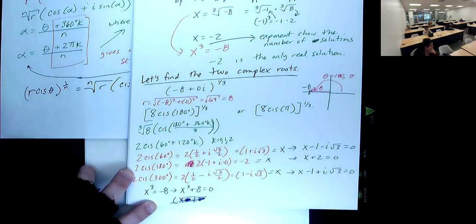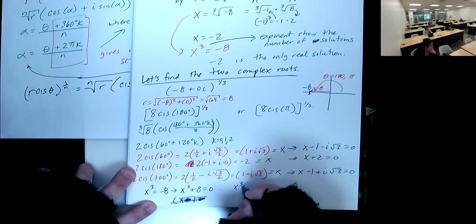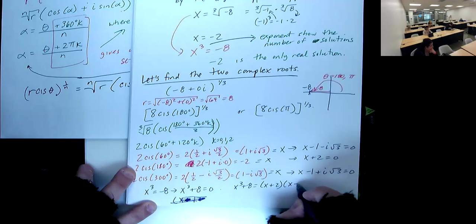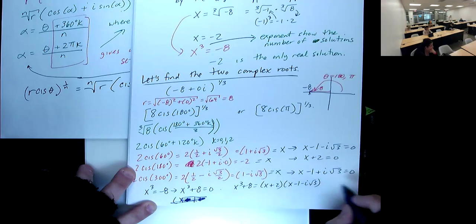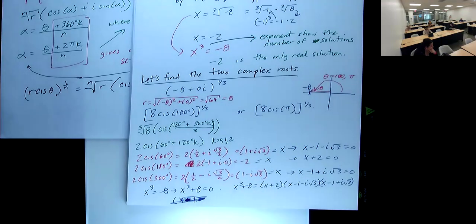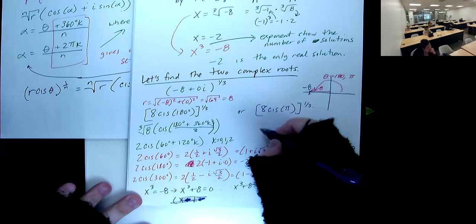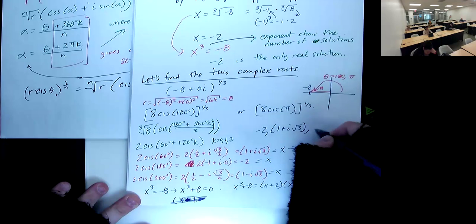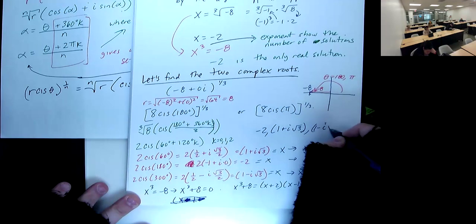I can put those all together, and x cubed plus 8 factors into x plus 2, x minus 1 minus i root 3, x minus 1 plus i root 3. That's like factoring it, but you'd never be able to factor it like that directly. The answers here are -2, 1 plus i root 3, and 1 minus i root 3. I'm just trying to show some additional stuff here.